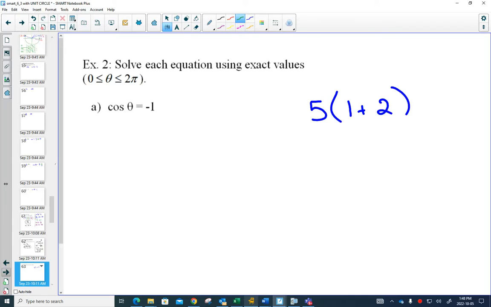Technically, you could also do this with distribution, right? But lots of students make the mistake where they just forget to multiply the 5 times the 2. So if Eliza made this mistake, I would say that she forgot to multiply 2 2 2.